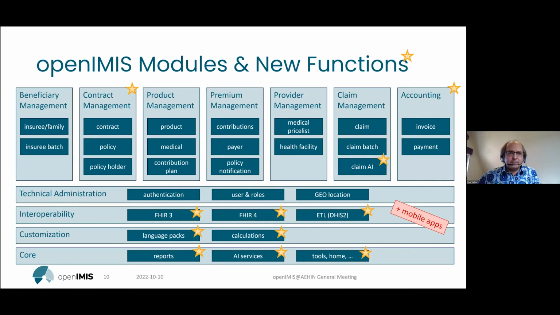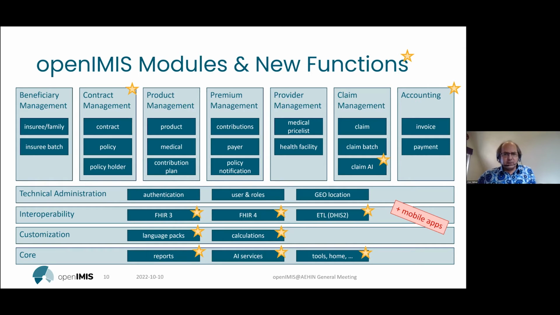The result is basically a nicely structured modular architecture. If you are familiar with the JLN business processes, you might see analogies to the blocks that we have structured according to those business process areas. The ones which are marked with a star are functionalities which have come in new. So, for example, contract management and accounting are modules that now enable openIMIS to run formal sector schemes and to connect to a payment layer.